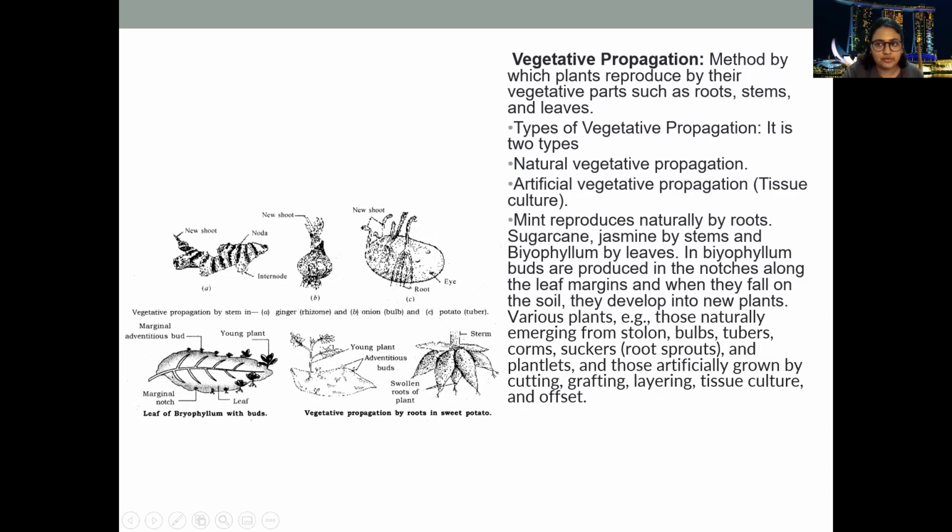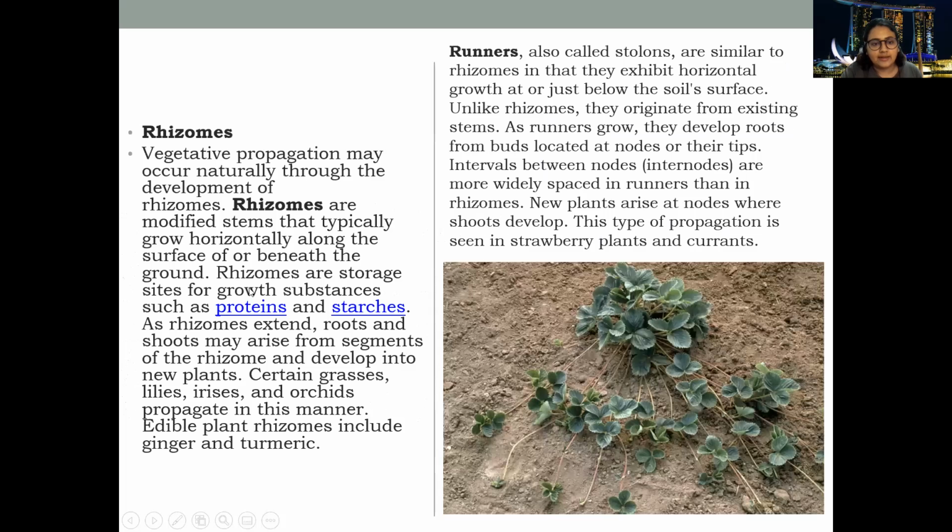If you keep it for a very long time, you can see that white color bud slowly growing into a stem and leaf like structure, and some roots also develop. So it will ultimately develop into new plants. If you put it into the soil, it will become a ginger plant. Certain grasses, lily, and orchids also propagate in this manner, and edible plant rhizomes include ginger and turmeric.